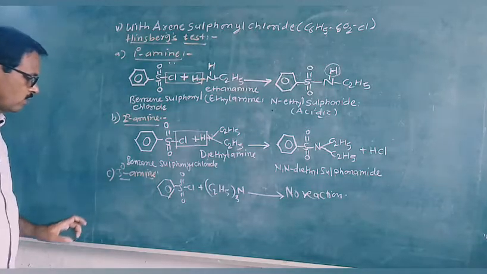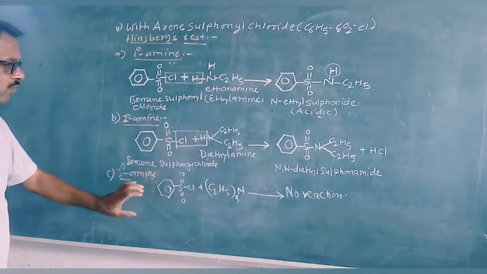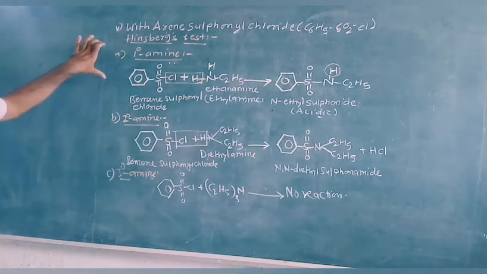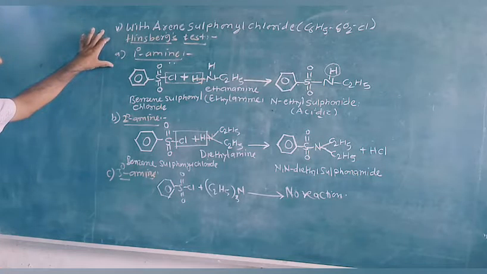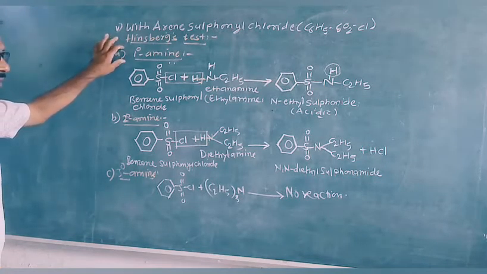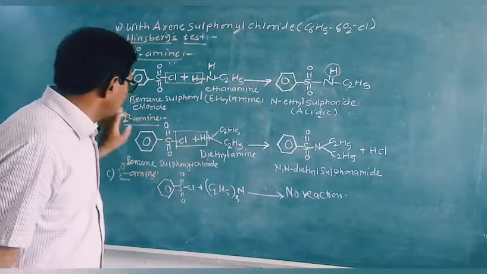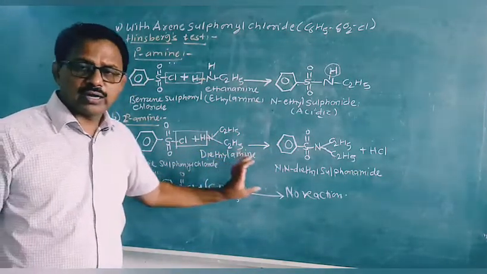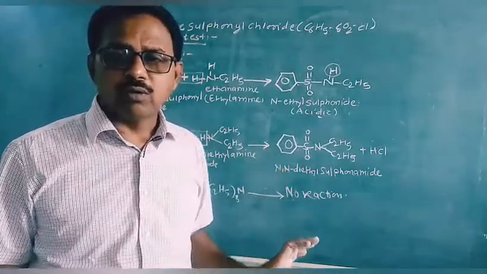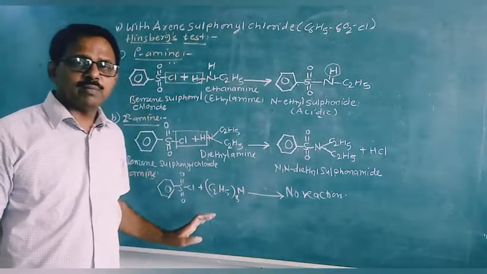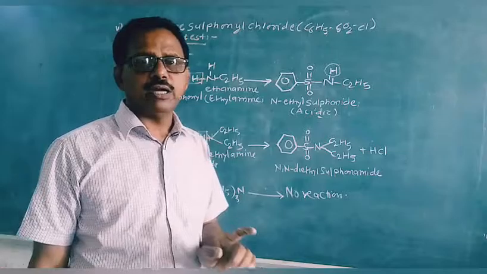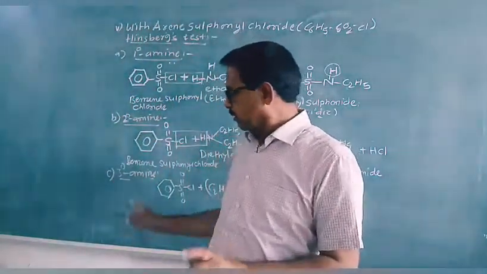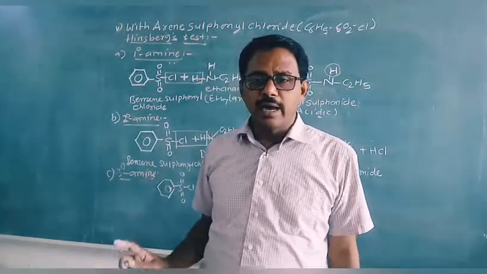In this way, we have to write the Hinsberg test. Primary amines give N-ethyl sulfonamide, secondary amines give N,N-diethyl sulfonamide, and tertiary amines will not react with benzene sulfonyl chloride because there is no replaceable hydrogen atom on that tertiary nitrogen atom.